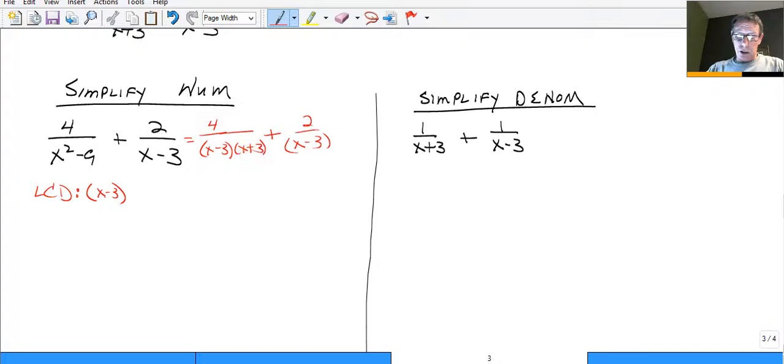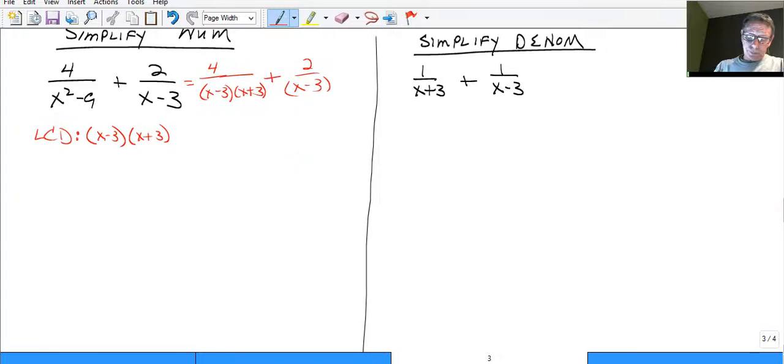Now let's go to the next unique fraction. We have x plus 3 here, and it doesn't exist in the other fraction over here, so I know that it definitely has to be in there. So that's my LCD.